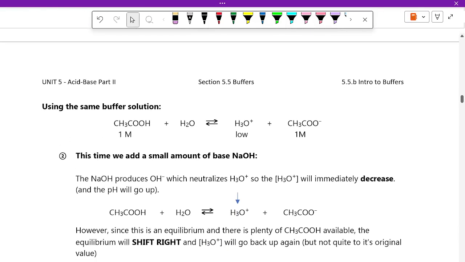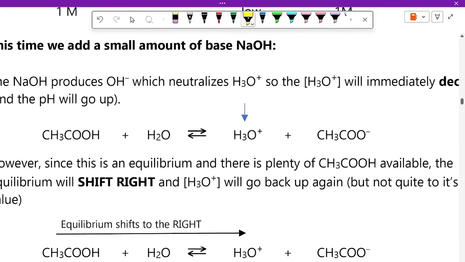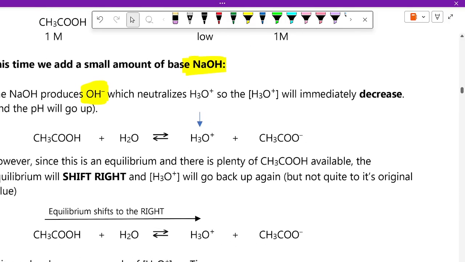Okay, same buffer solution. Now we are going to add a small amount of base. The hydronium decreases. We add NaOH, which produces OH-.